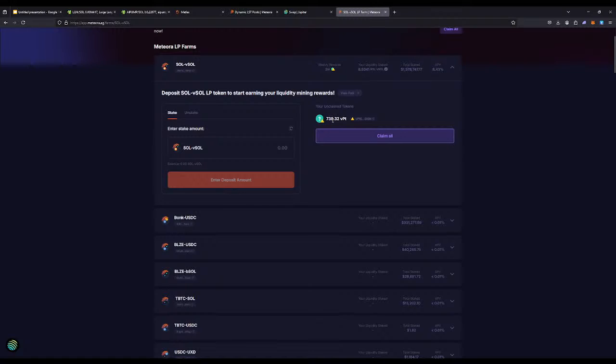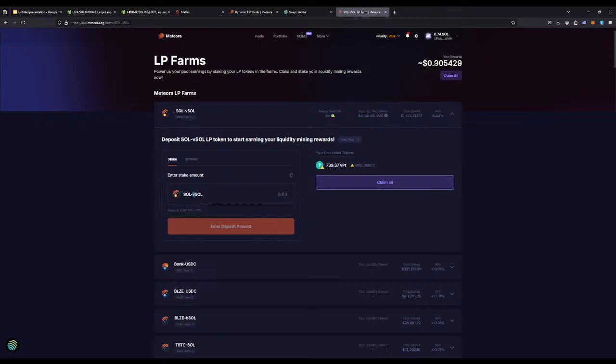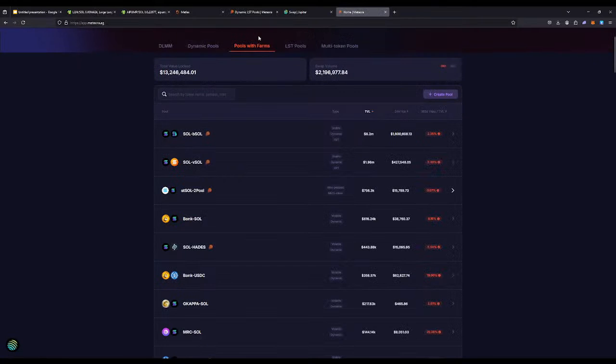I'm accumulating points, and those points are basically for the Vault Finance airdrop. Although the dollar value is not much, but still, plus I'm also making yield. So that's how these pools and the farms work.